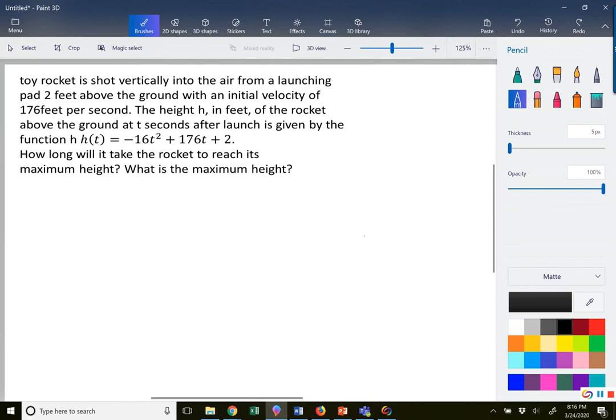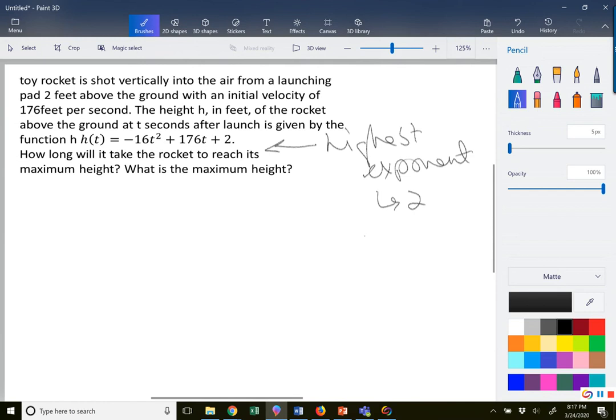So the first thing we want you to notice with this is the function itself. The highest exponent is 2. That means it is a parabola.